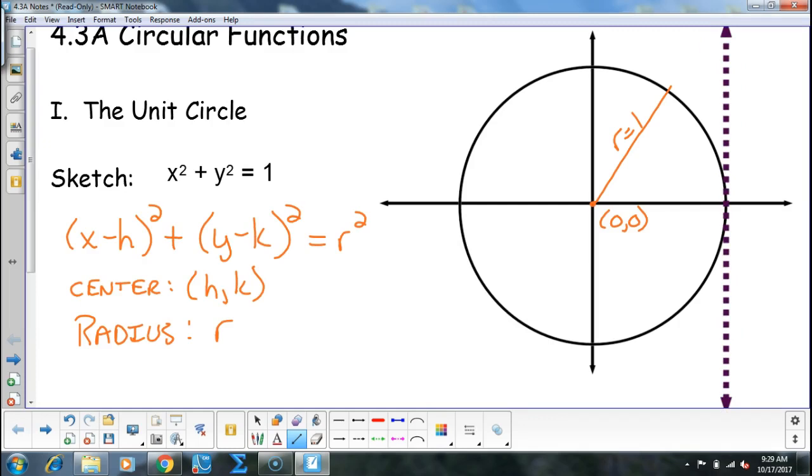I'm going to draw it in right there. It's going to go through the point 0, 1, because that point's on my circle.